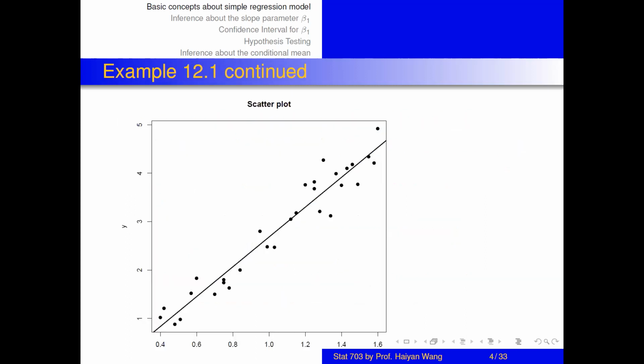So when you look at this plot, you can see for exactly the same x value, there might be different y values. For example, if you look at these two points here, they have identical x values, but they don't have the same y. Another thing that you see is that these points deviate from the straight line.